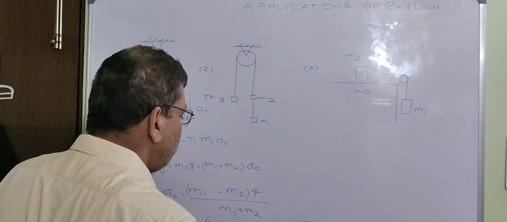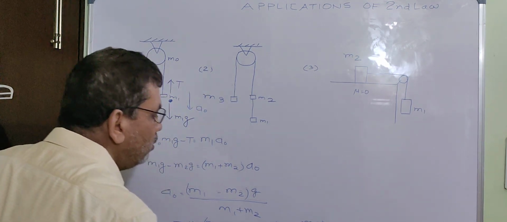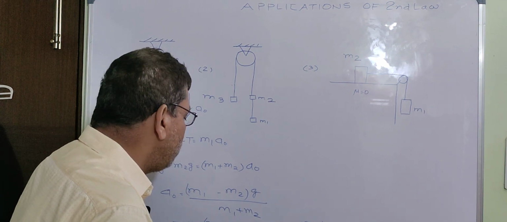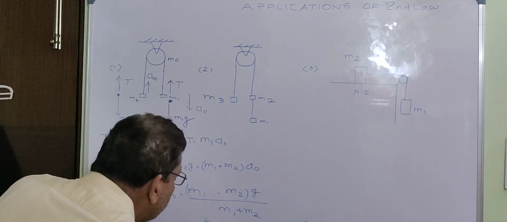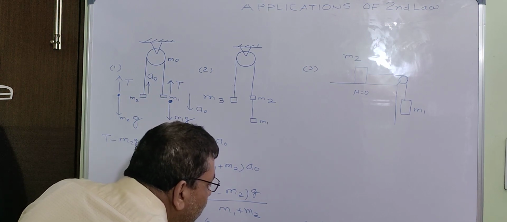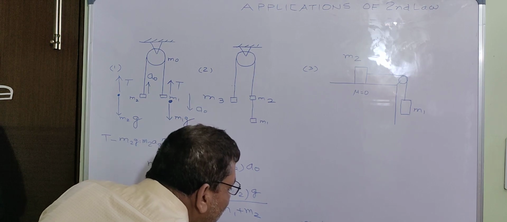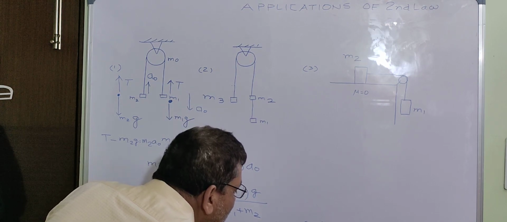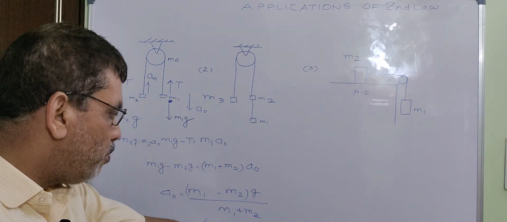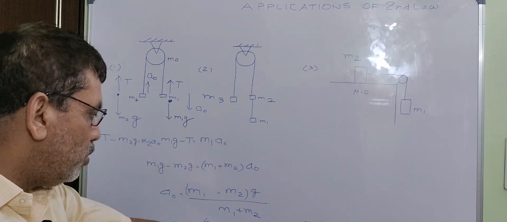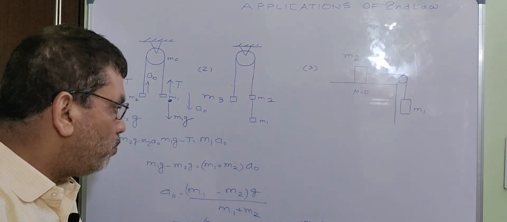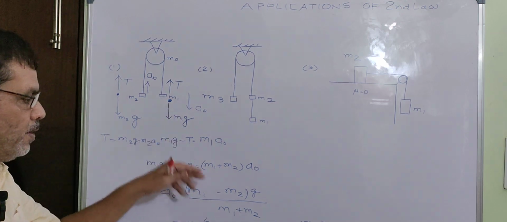When I take M1 plus M2 minus M1 minus M2, you get 2M2, so this will become 2M1M2G by M1 plus M2, which is the tension. Is it clear?